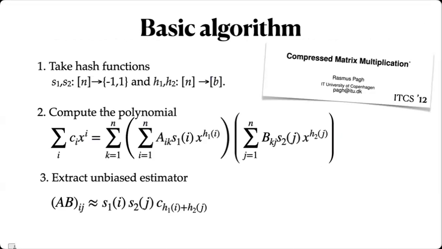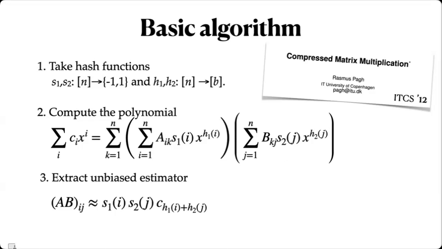We take hash functions: sign functions S1 and S2, and H1 and H2, and then we compute a count sketch twice, once with S1 and H1, and once with S2 and H2. The way this is presented in the IGCS paper is slightly more general.